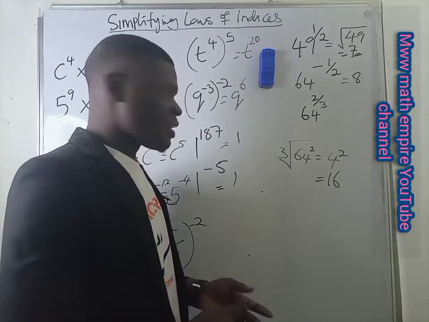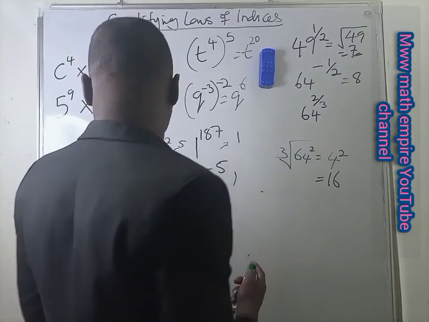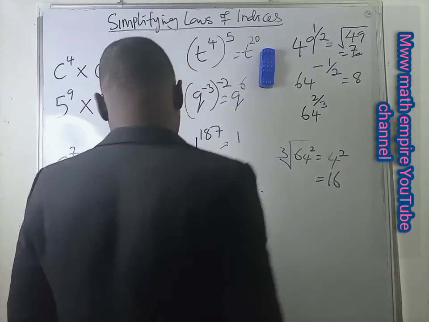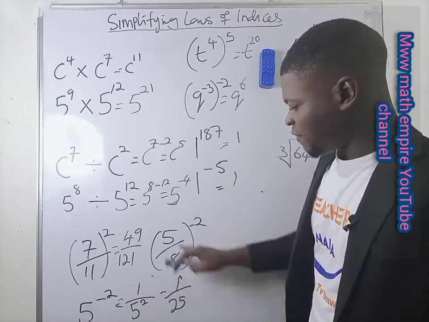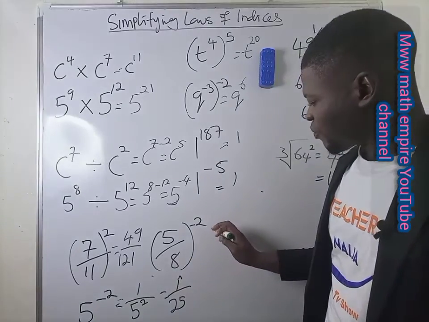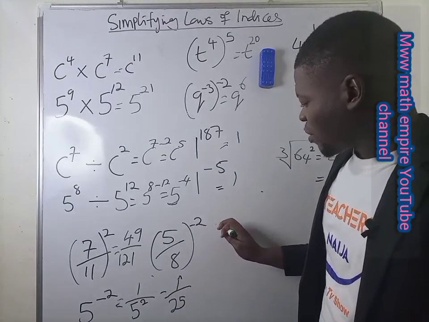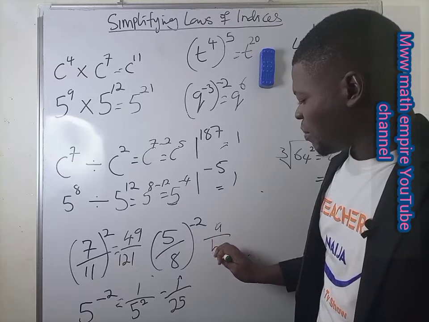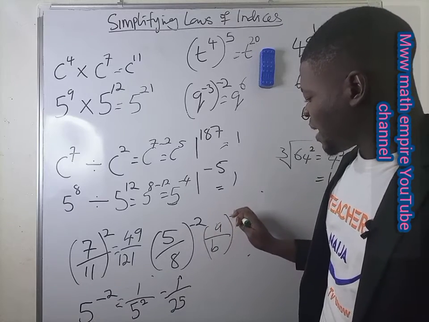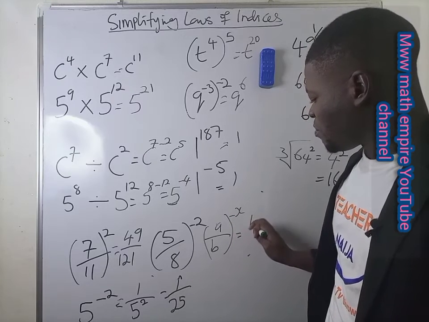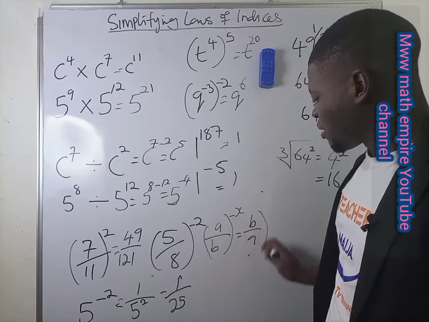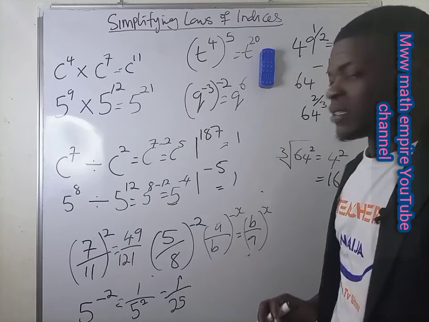As simple as that. Now, let me use this opportunity to prove something for you. Yes, in this very question that we are having here, 5 over 8. Remember, when you have A all over B in brackets raised to the power of minus x, for me to eliminate this negative sign, I will be having B all over A, then raised to the power of x.